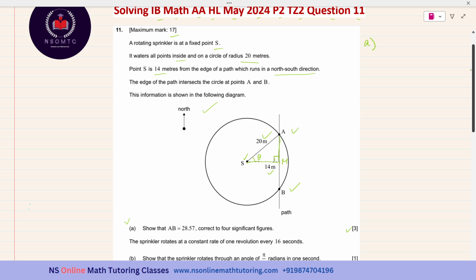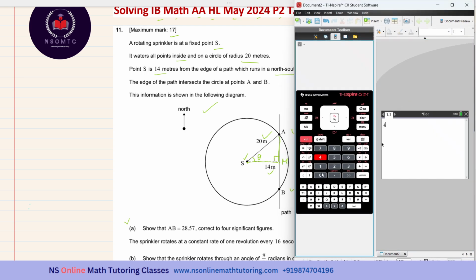So it will be EM square equal to 20 square minus 14 square. So EM square is equal to 20 square is 400 and I know 14 square is 196. You can use your calculator definitely. So this is equal to 400 minus 196, enter, 204.